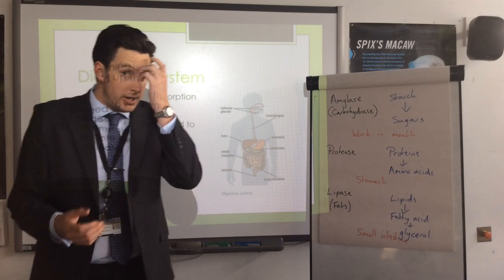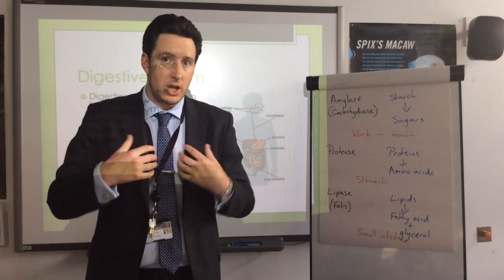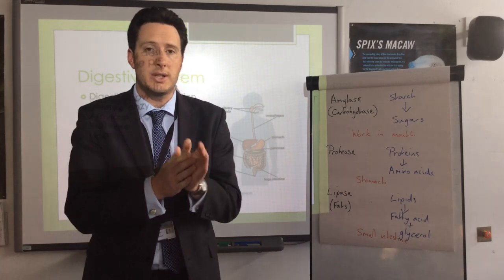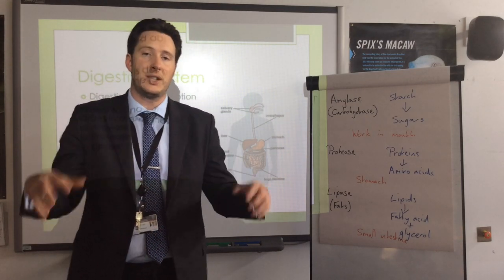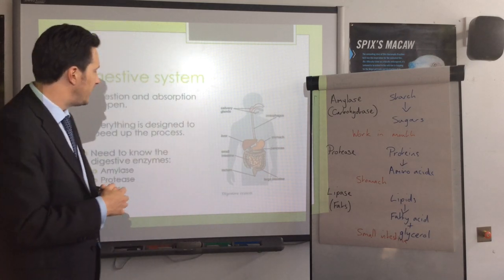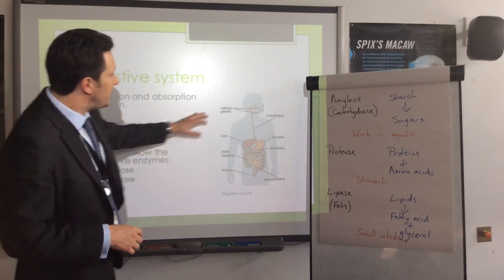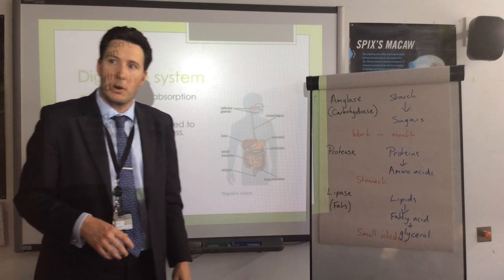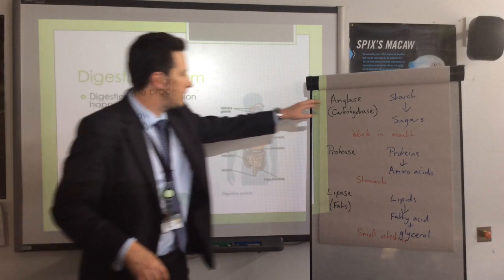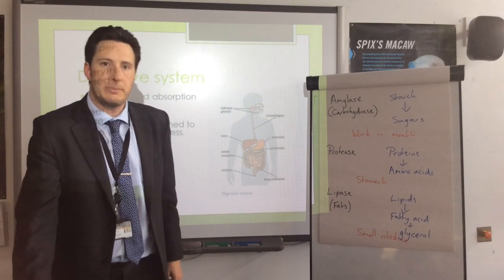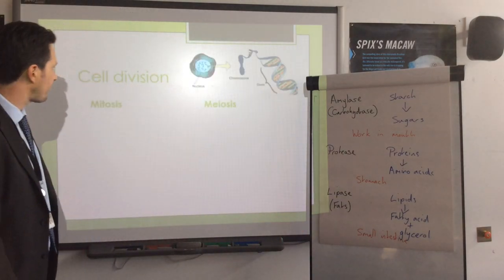So villi are little finger-like projections on the surface of the small intestine which increase the surface area so food can be absorbed quicker. It diffuses into the blood quicker in the small intestine. So that's the bits of the digestive system we need to be aware of, and it's also the digestive enzymes, the amylase, protease, the lipase, that we need to be able to recognise as well.